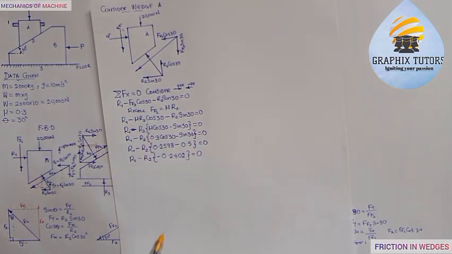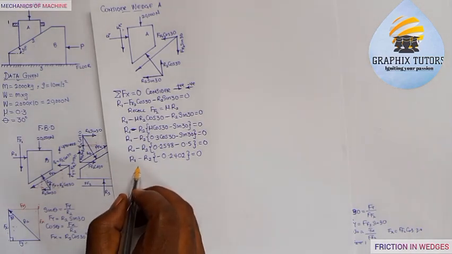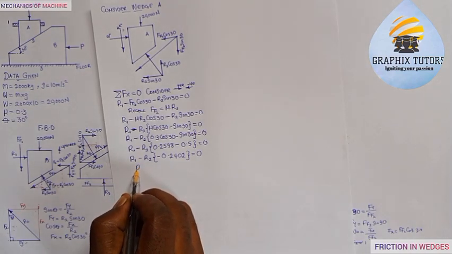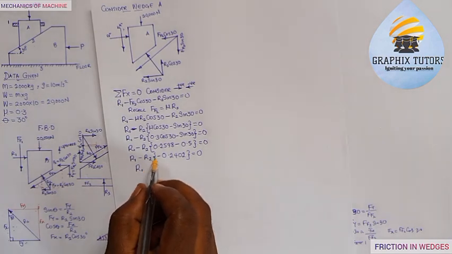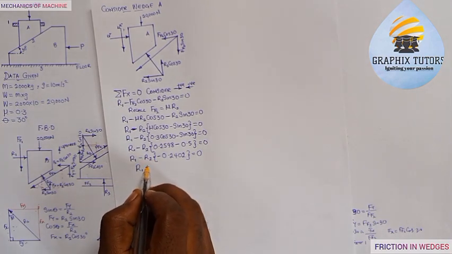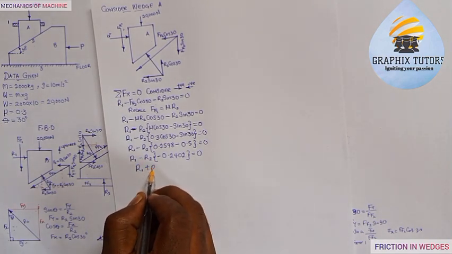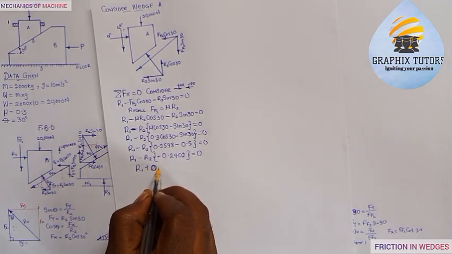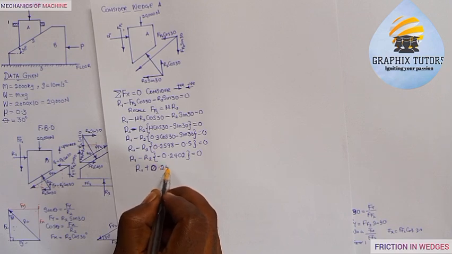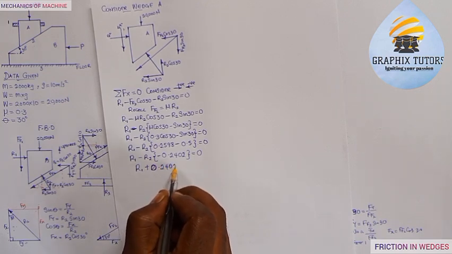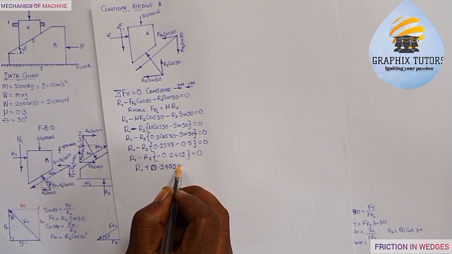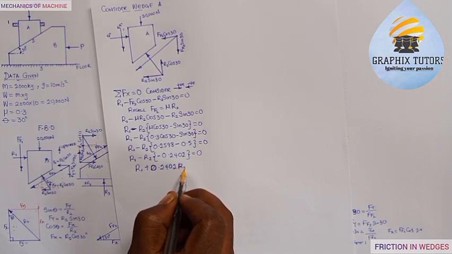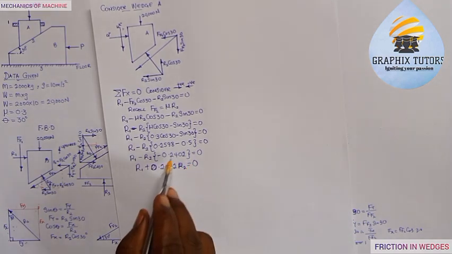So if I move this to this side, minus times minus is plus, we have R1 plus 0.2402 R2 equals 0.